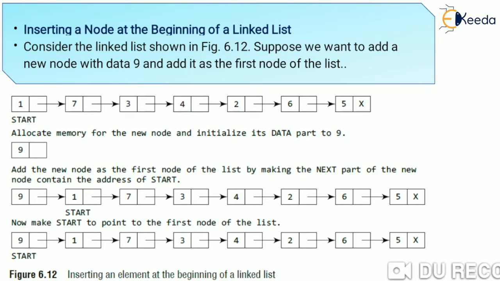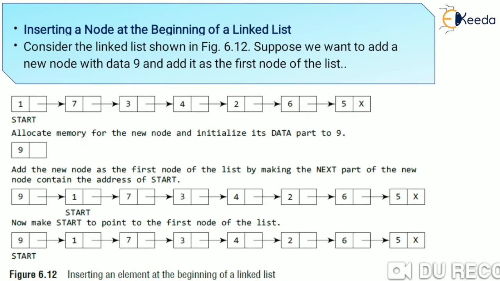Now at this position we want to insert a new node with the data 9. Now allocate memory for the new node and initialize its data part to 9. Okay. Now this is the new node 9 that we want to allocate at the beginning.